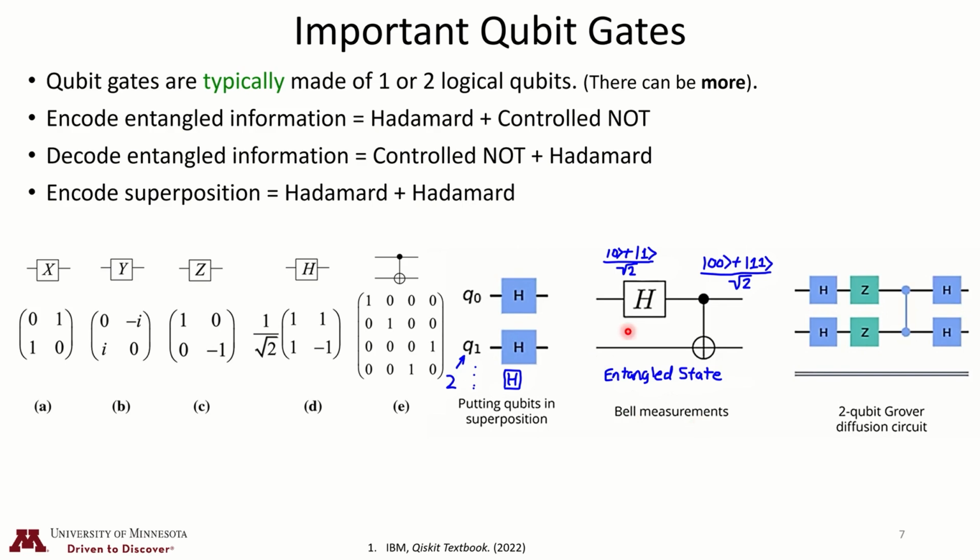So this is just a way of representing some basic quantum gates, and you can decode or encode information in these relatively simple diagrams simply by placing these gate representations in a certain order.